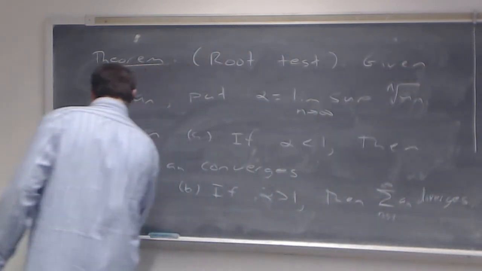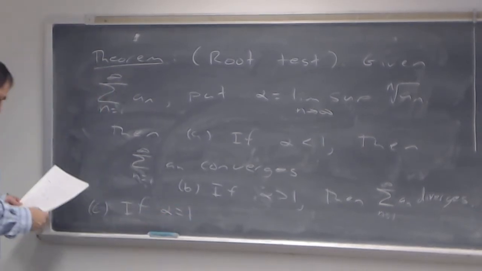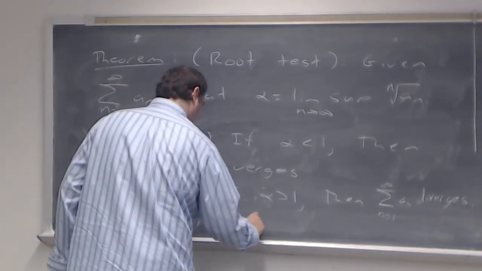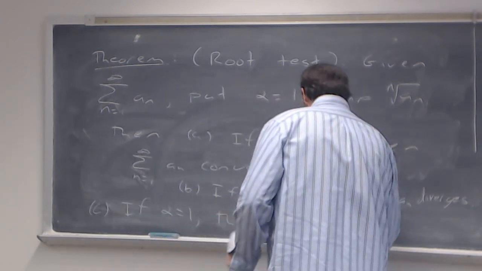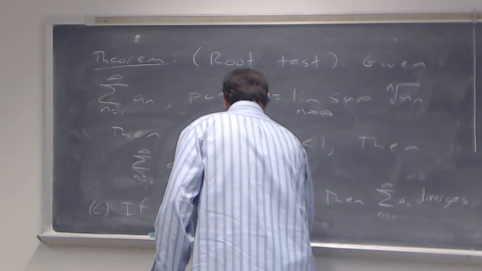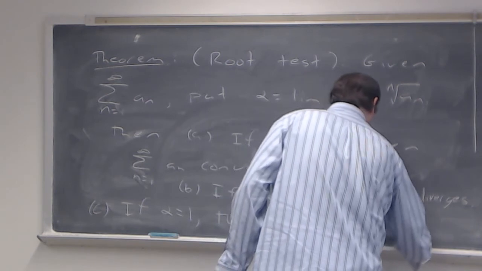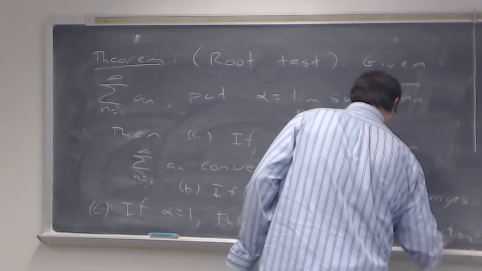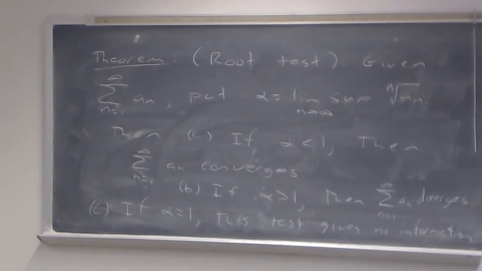And finally, part C, if alpha equals 1, then the test gives no information. It's inconclusive. Can't say anything about the convergence or divergence of that series.